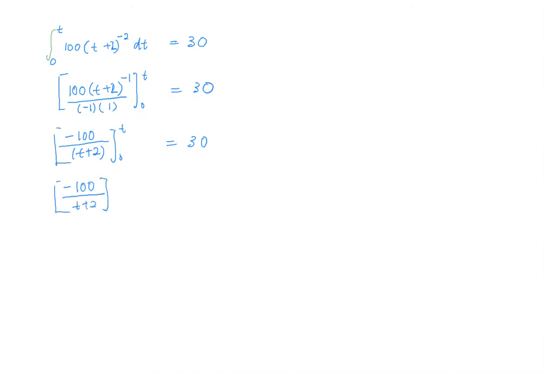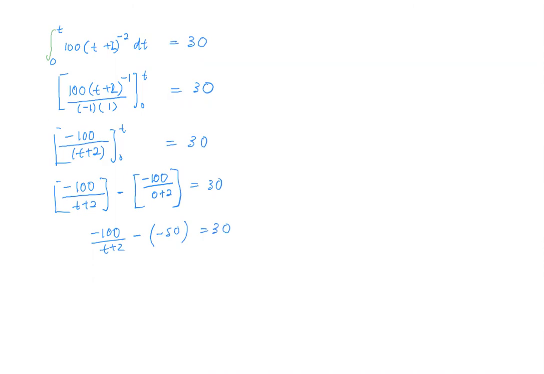Substitute with t, take away, substitute with 0. Okay? Then solve. Negative 100 over t plus 2, take away negative 50 equal to 30.